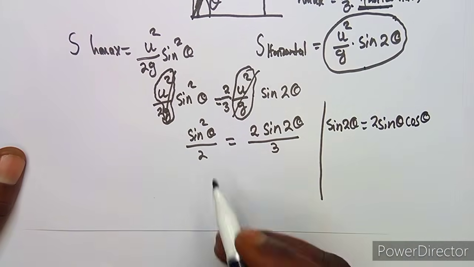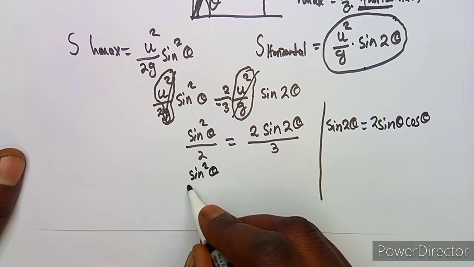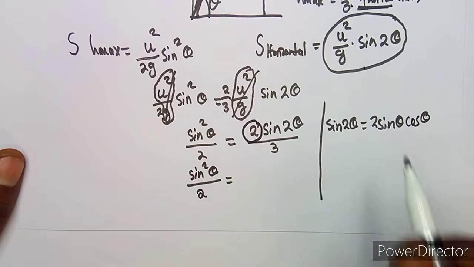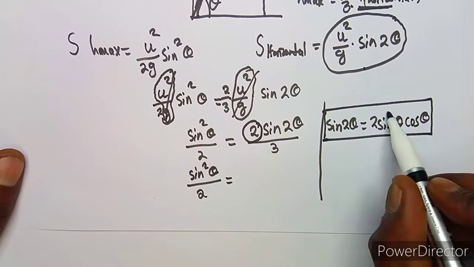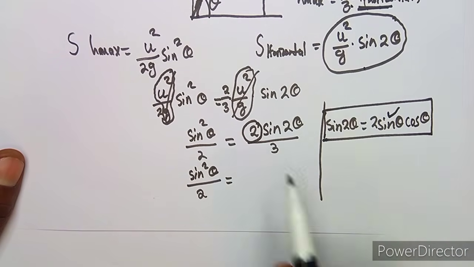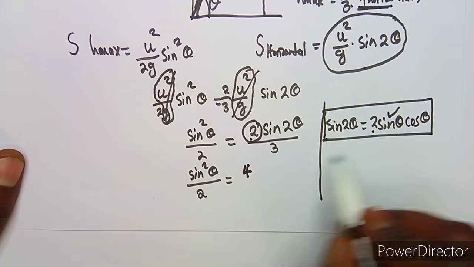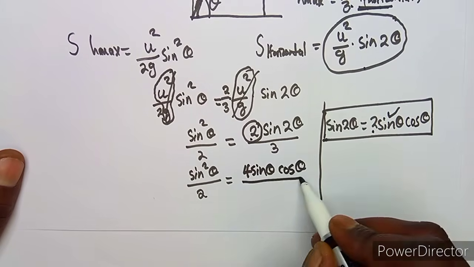Remember that. So the left side is sine squared theta over 2, and on the right, the 2 is already there, and the other 2 is for sine 2 theta in its equivalent identity. So it's going to be 2 times 2, which is now 4 sine theta cos theta over 3.